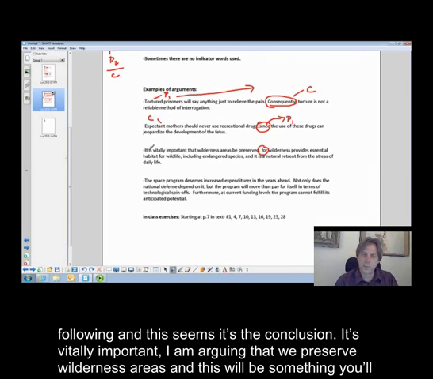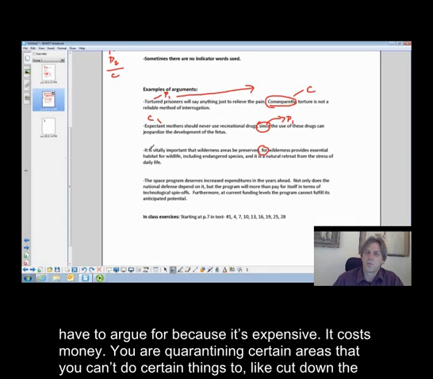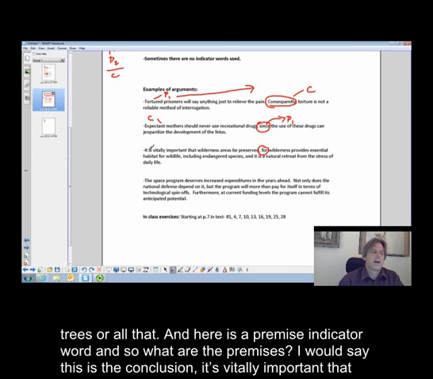It's vitally important. I am arguing that we preserve wilderness areas, and this will be something you'll have to argue for because it's expensive. It costs money. You're quarantining certain areas that you can't do certain things to, like cut down the trees or all that. And here's a premise indicator word. And so what are the premises? I would say this is the conclusion.